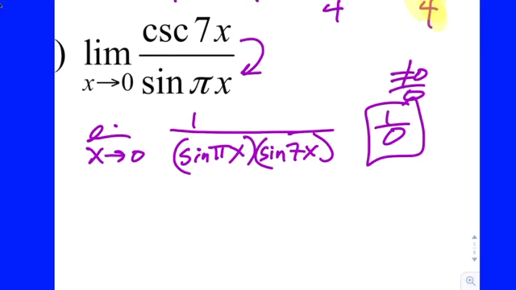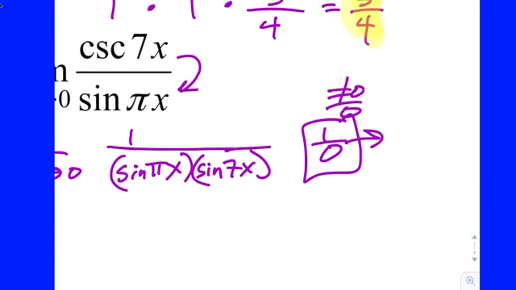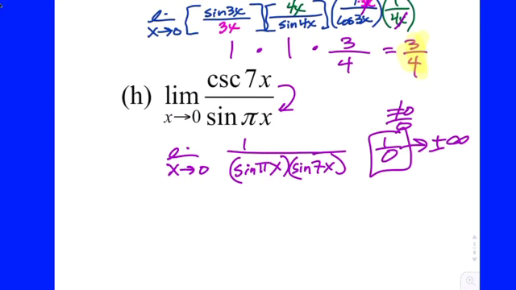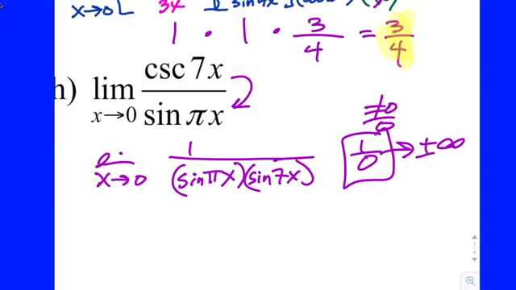Yeah, the graph of that function would have a vertical asymptote there, which forces the y values to either plus or minus infinity. So remember, infinity and 0 are reciprocals of each other. Now, I don't know if it's positive infinity or negative infinity. It's a general limit at 0. So in order to say infinity, it would have to be going up on both sides. In order to say negative infinity, it has to be going down on both sides.